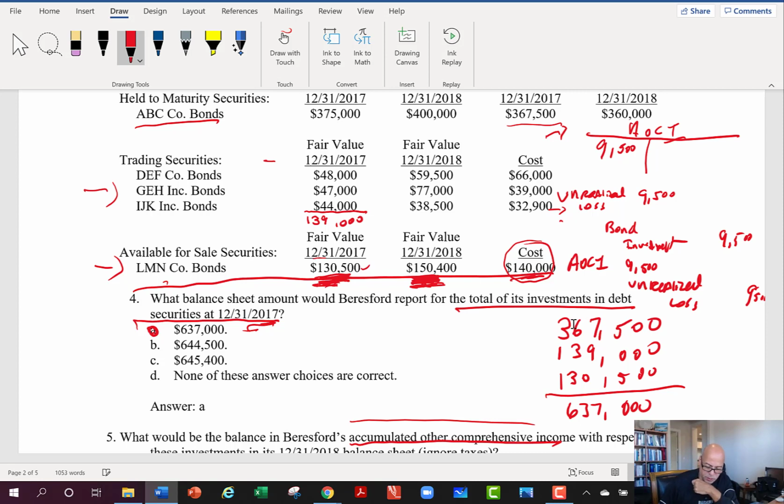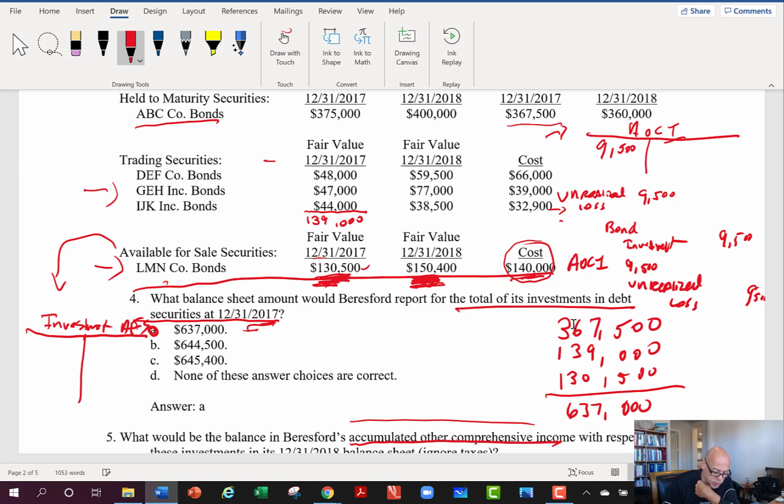Okay, now just to make sure we're keeping track of the investment too, why don't we go ahead and tee that up. So investment for this available for sale security, that's for the AFS security, right? This one right here.